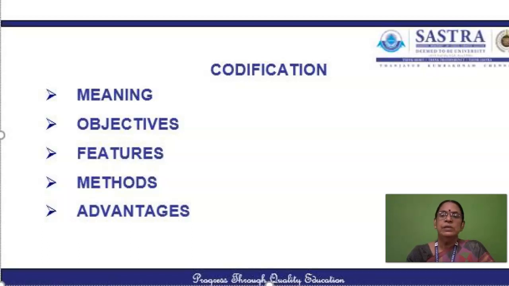Since standardization is possible because of this codification, it serves as a starting point of simplification. This simplification will definitely result in standardization, which will give more benefits to an organization.